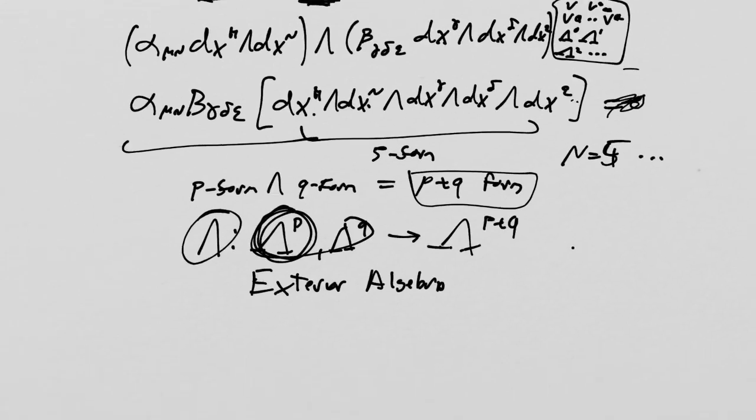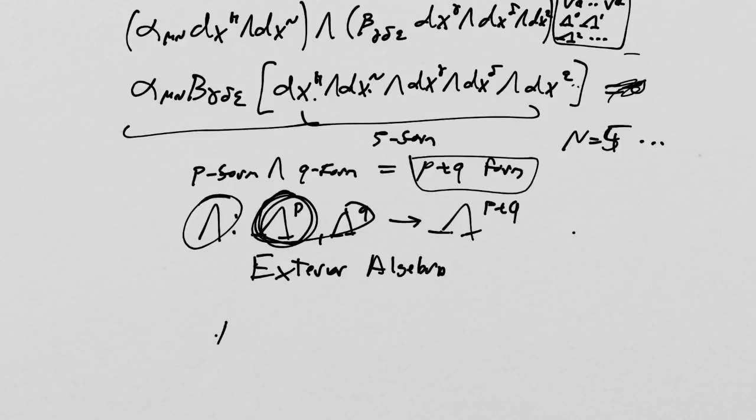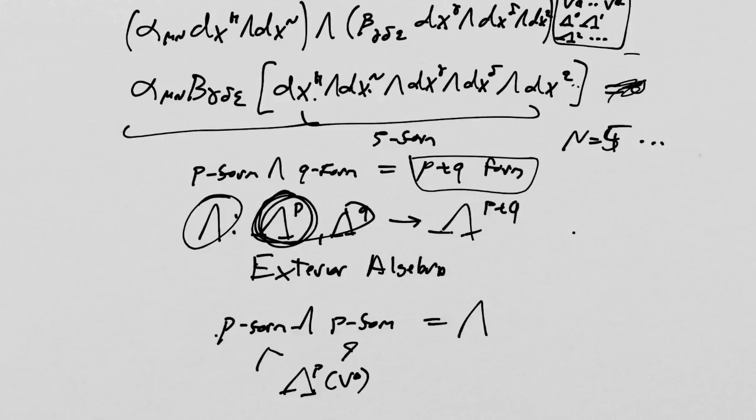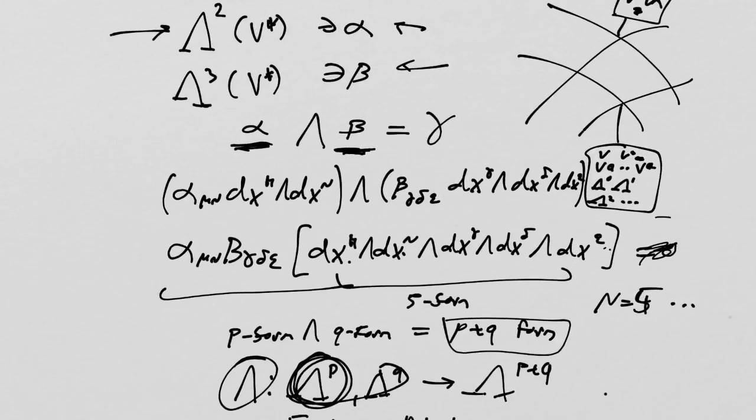Even if I took a P form and wedged it with another P form, where both of these come from the same vector space, I'm still going to get an element of a 2P form. So this operation is not closed inside the appropriate exterior power. So we can never really turn these into algebras using this operation, at least.